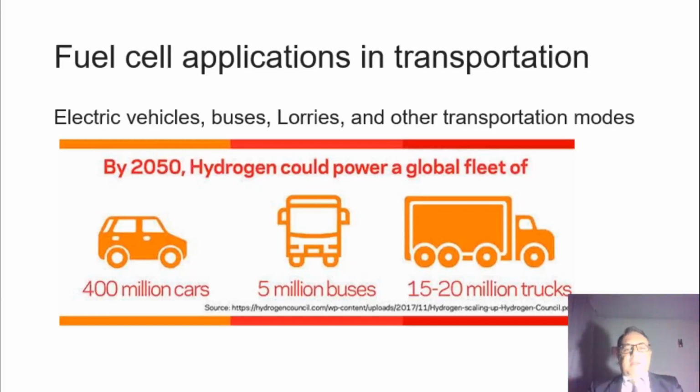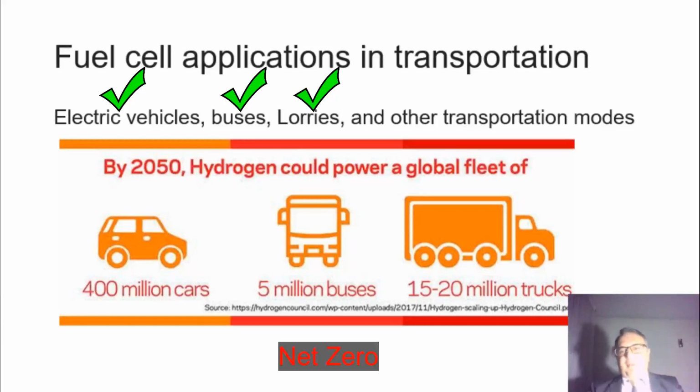You will see that by 2050, they are going for 100% clean vehicles, like electric cars, buses, lorries, and others. They are going to change to electric and use them in the cities and the countries. The goal is net zero.